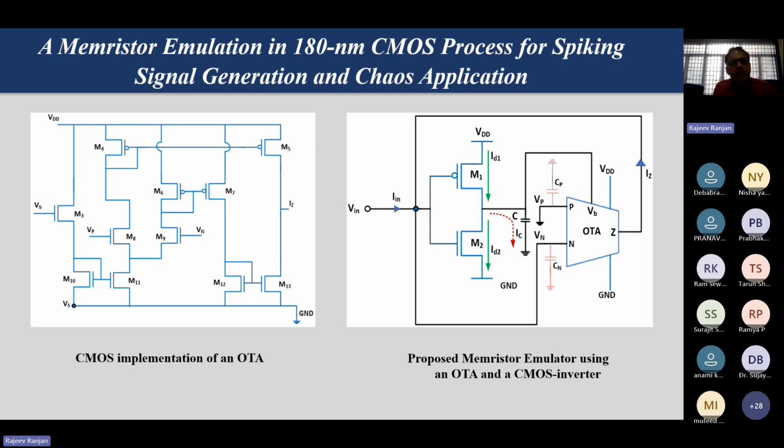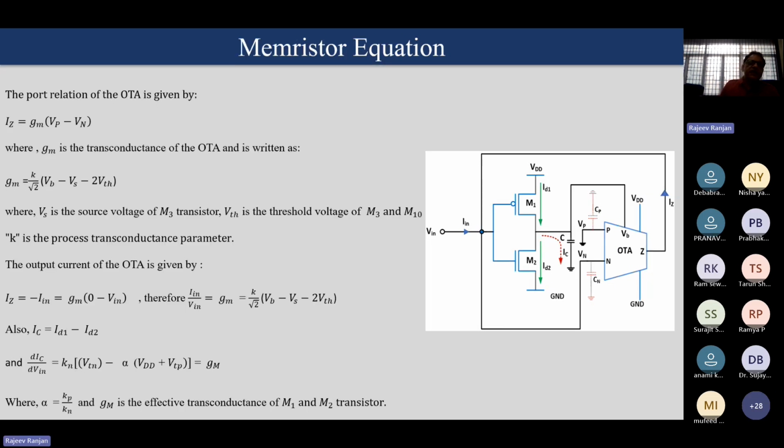Now this is our work. Here we have used one OTA and one inverter to design the memristor. Here we will see the detailed equations and how we have solved them. The port relationship of this OTA is Gm (VP minus VN), where Gm is the transconductance.